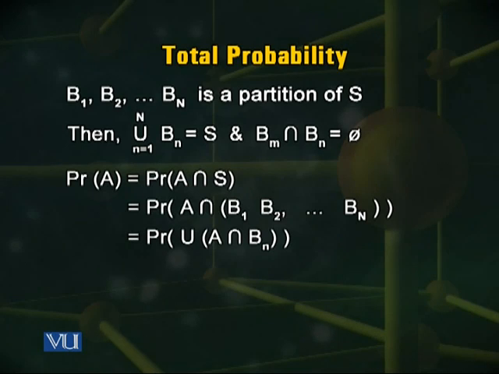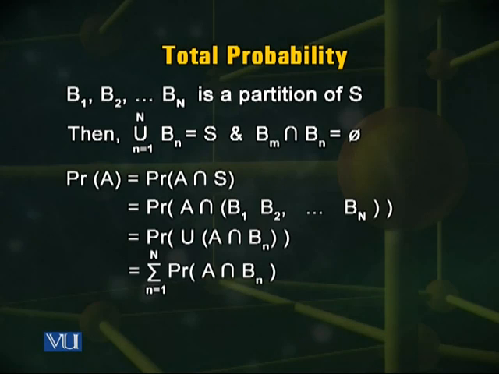And since these Bi's are disjoint, these new events where A has been intersected with the Bi's are also disjoint. Hence, using the axiom of probability, we can add the probabilities of A intersection with Bi.